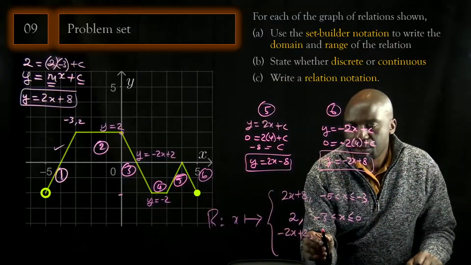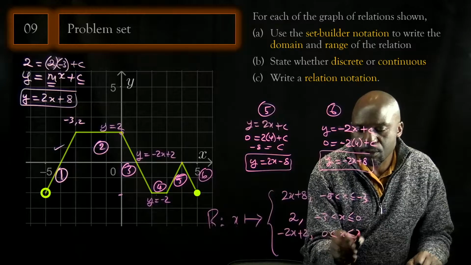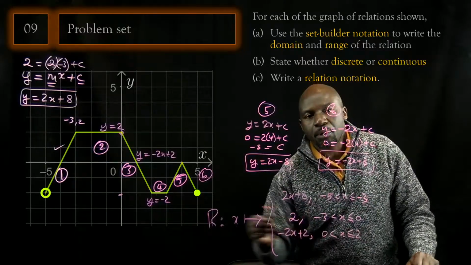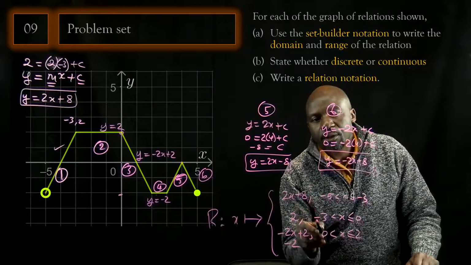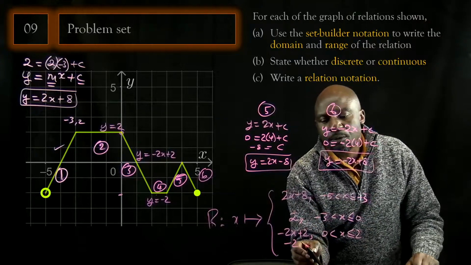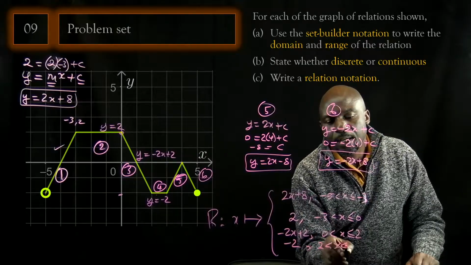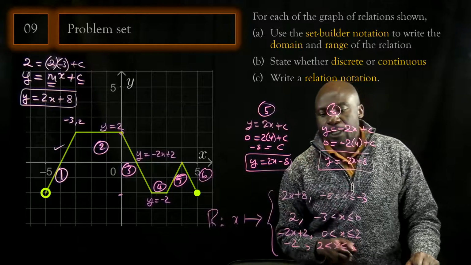So we write for 0 is less than x is less than or equal to 2. Okay, we've done that. We are left with 3 to go. This is line minus 2. For values of x from 2, less than x, less than or equal to 3.